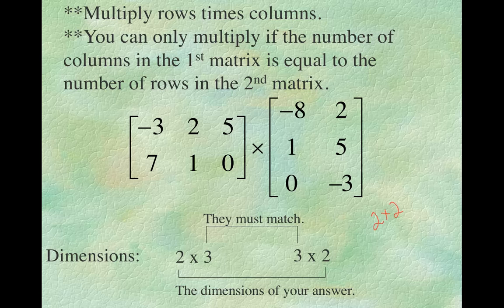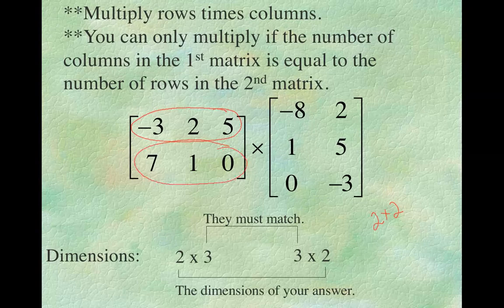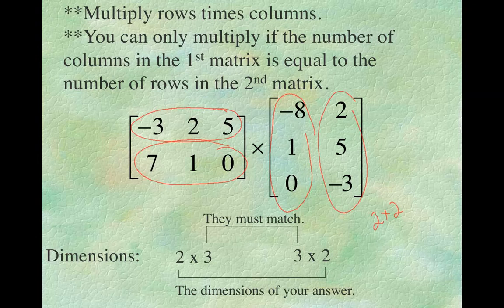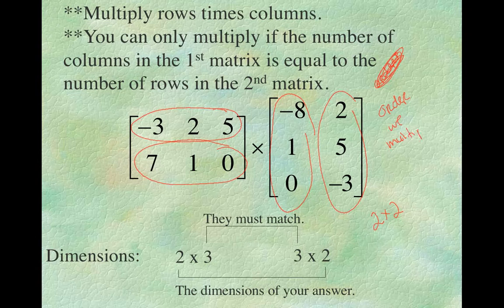I'm going to be multiplying the rows of the first one by the columns of the second one. What this means is the order we multiply matters. It matters a lot, right?